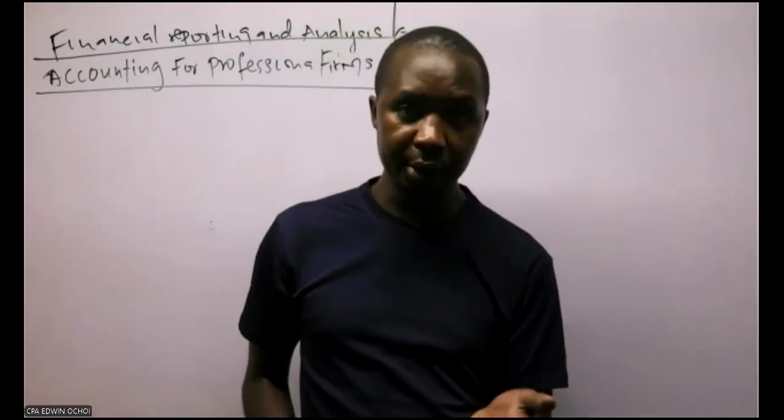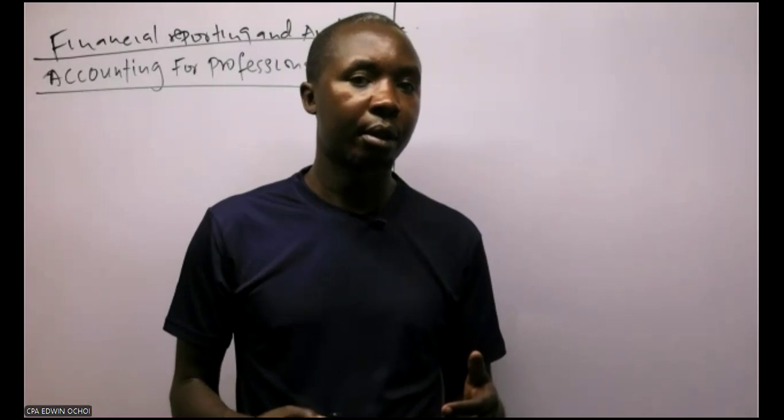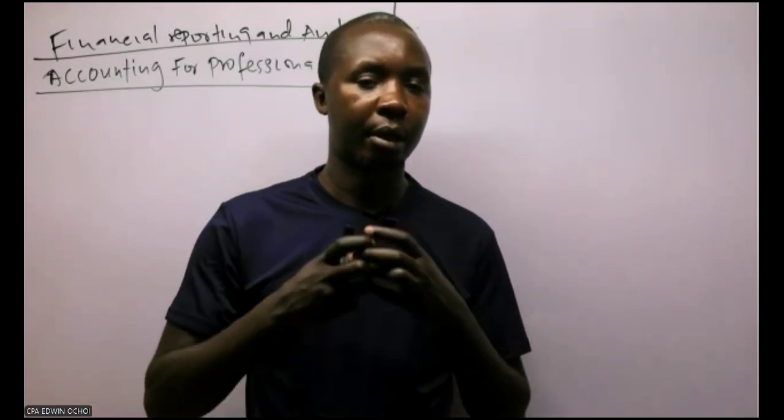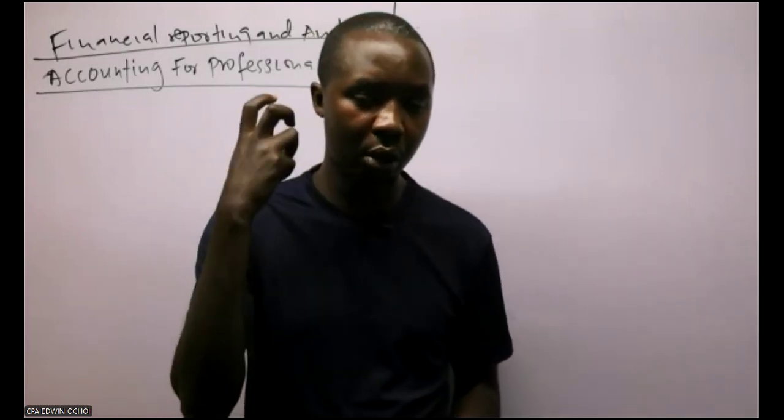We have accountants. Accountants are professionals. Doctors. Under these firms, remember they prepare the books of accounts so that they determine their bottom line. Are they operating at a profit or loss?